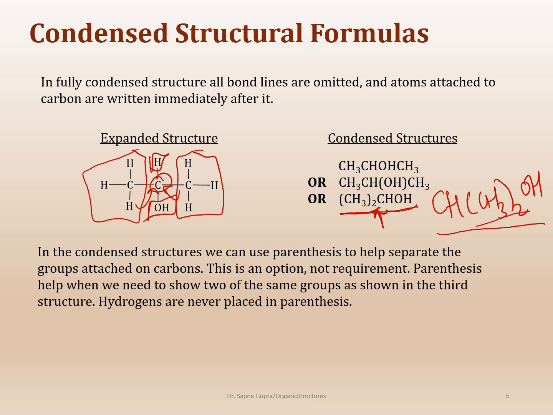Generally, when you have two groups attached to the same carbon, you tend to write them before, not after. Now, in some cases, you will be writing them after also. So for example, if I had another OH here, then what I would have done is I would have written CH3, C, and then OH, 2, CH3.